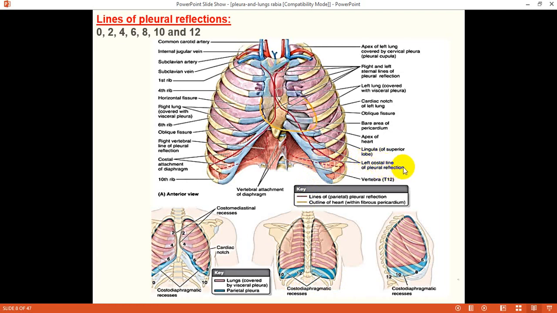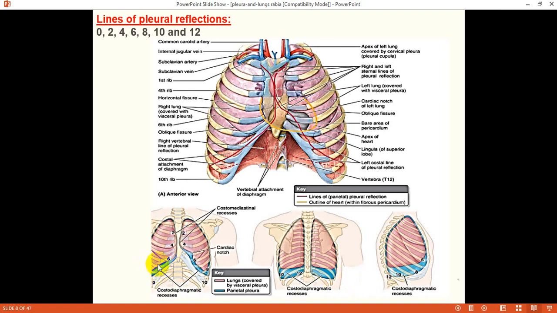Here the two recesses can also be observed again. The recess formed at the sternal line of reflection is known as costomediastinal recess, and the recess formed here at the costal line of reflection is known as costo-diaphragmatic recess. Now with the reflections we can observe the extent of costo-diaphragmatic recess.